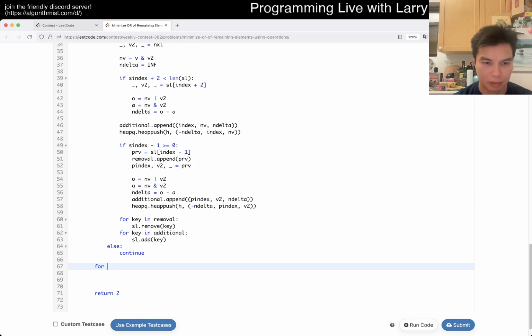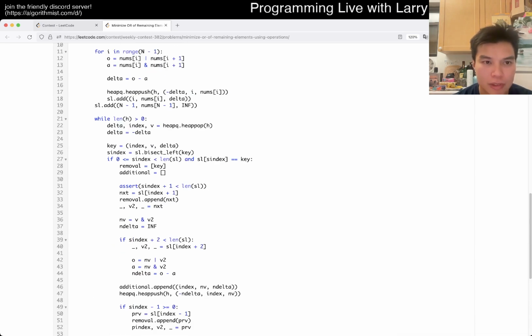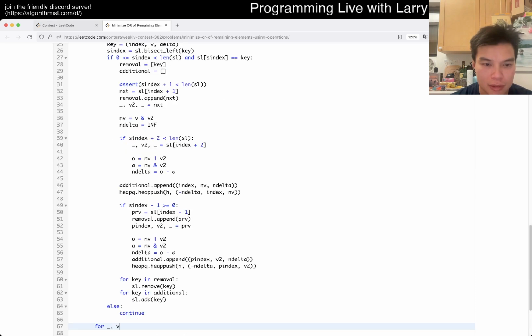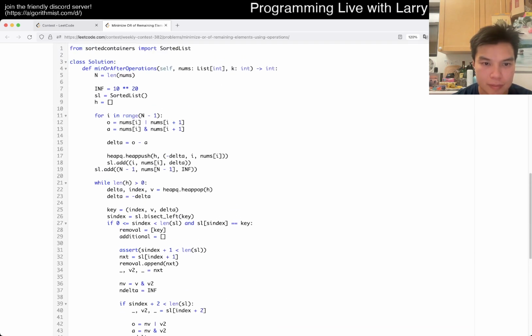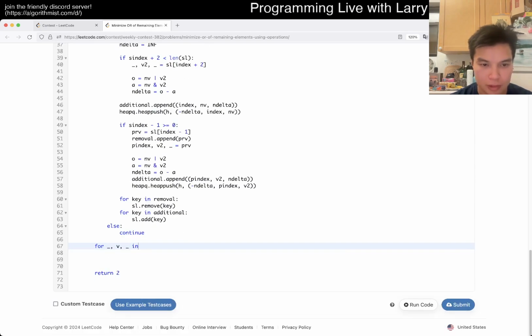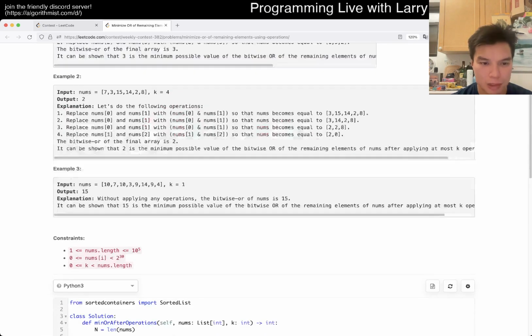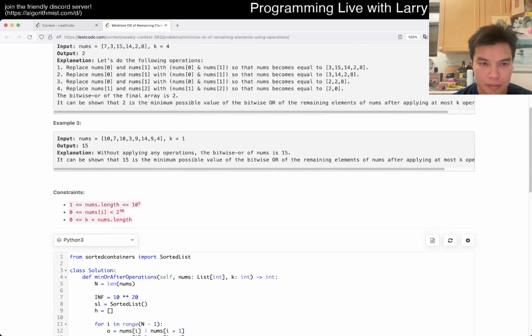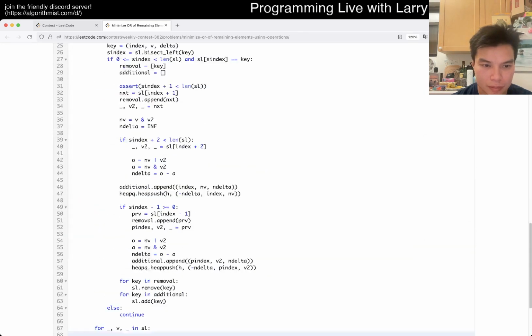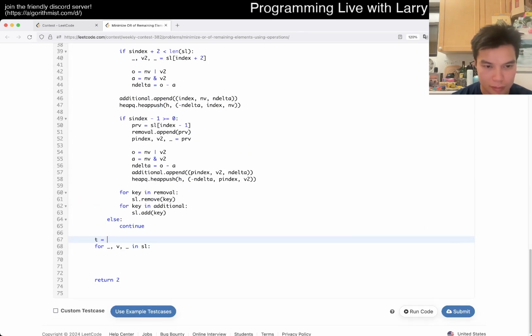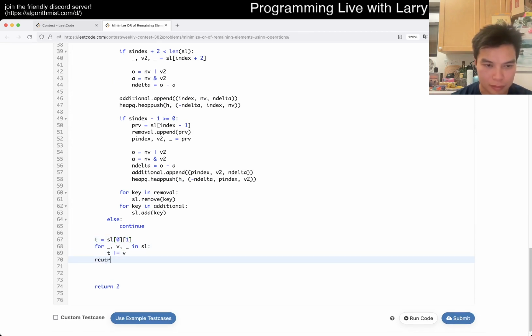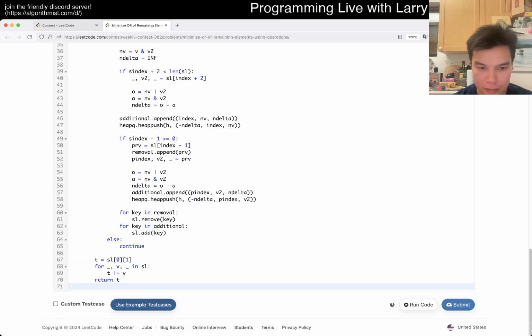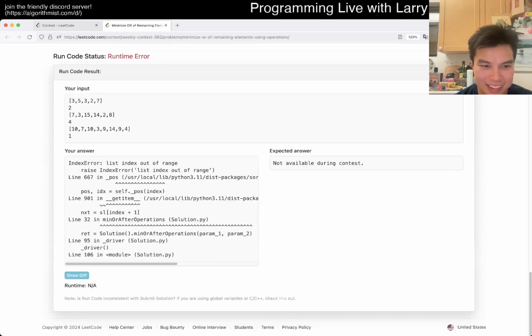I think iterator works. I always forget. What do I have here? Delta in SL. Okay. No chance this is right, but definitely worth it. I think we're close, but maybe not.